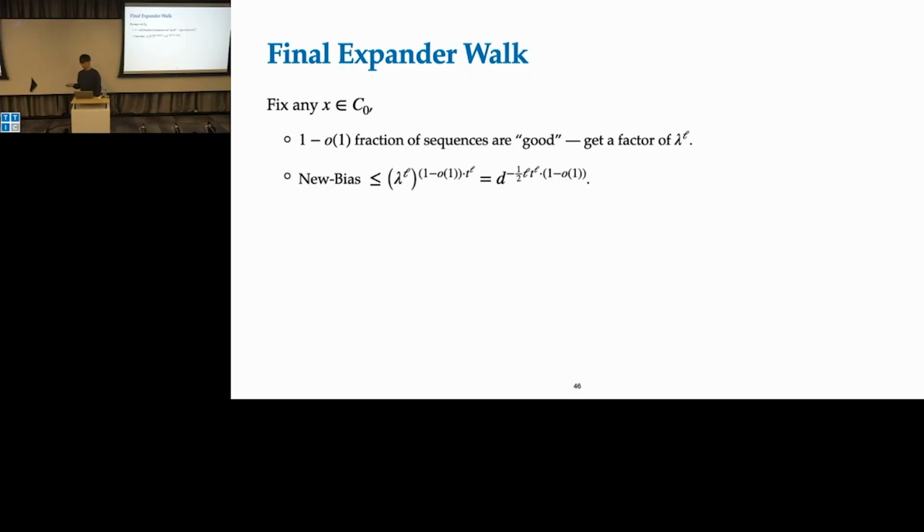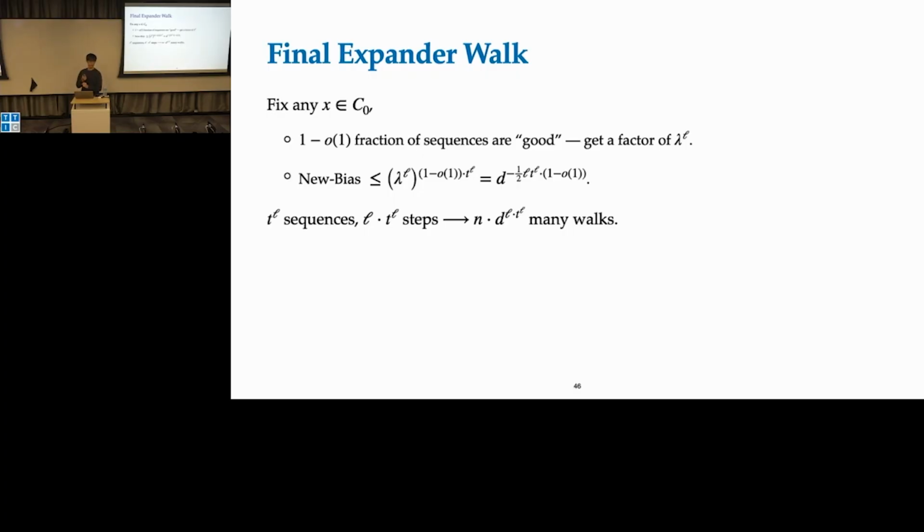What about the rate? Or how many walks are we choosing? Okay, so in total we have t to the L sequences, which means we're taking L times t to the L many steps. So in total, we have n starting vertices, and every step gives us d choices.